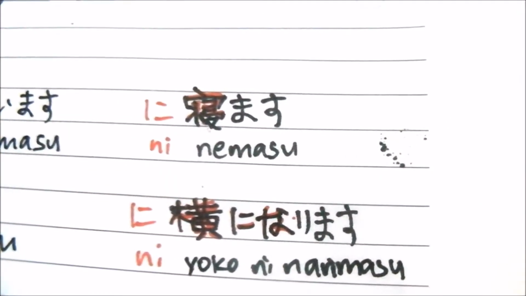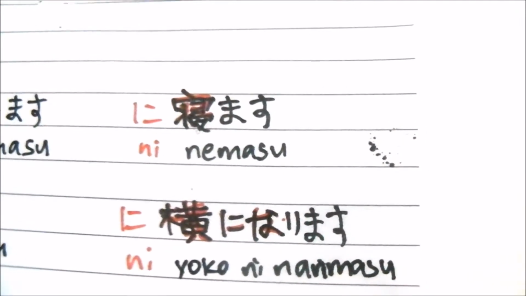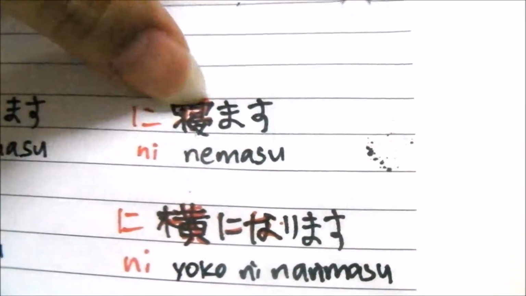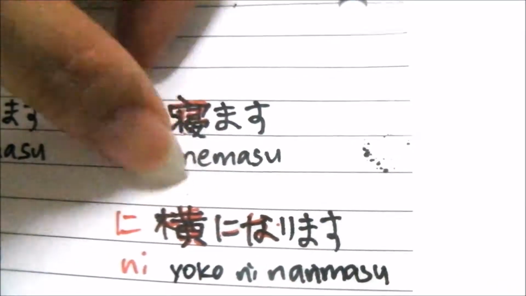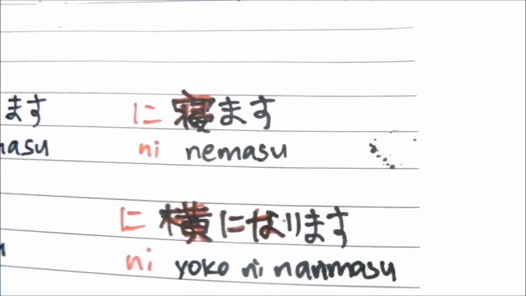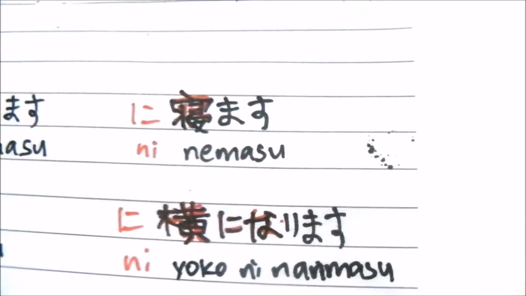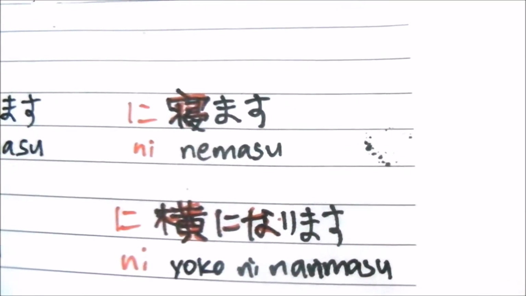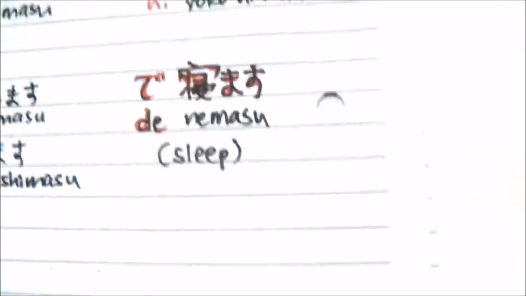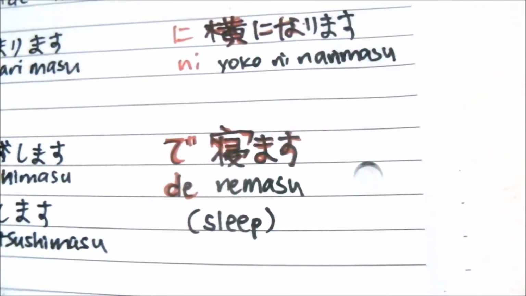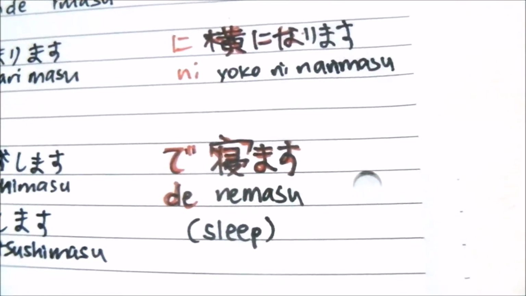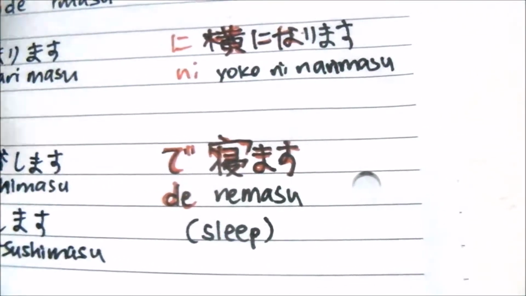Ni narimasu means become. So become horizontal means you're lying down. These two mean pretty much the same thing, both of them mean lying down. Since you're lying down in a stationary position, it would be ni nemasu. But if you are really sleeping, this is a purposeful action, an action that we do every day of our lives. It'll be de nemasu. Remember, for exams, use de.